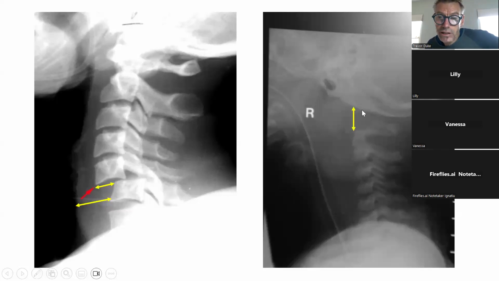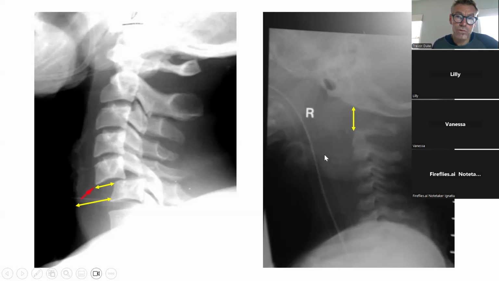This child here has another abnormality of the cervical spine, not a fracture, but a distraction injury, where there's a widened space between the cranial vault, the skull, and C1. So this is what's called a distraction injury, where this space is wider. You can hardly see a space here, whereas here there's a widened space.